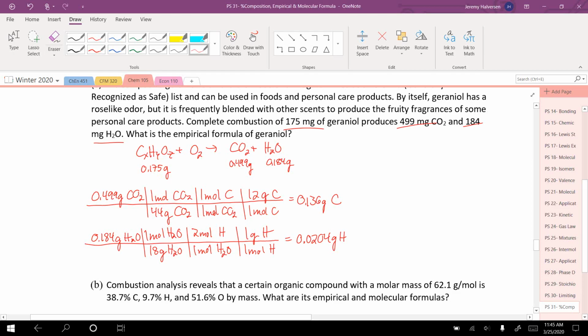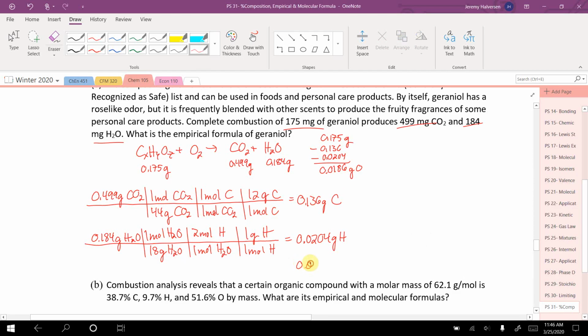Was that everything? Well, I might have oxygen. I don't know if I have oxygen, but I know that I started with 0.175 grams. So if I subtract my carbon and I subtract my hydrogen, then I'll get 0.0186, and that is going to have to be my grams of oxygen, because that's all else that I could have.